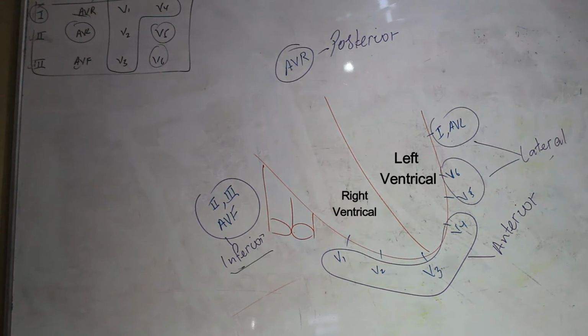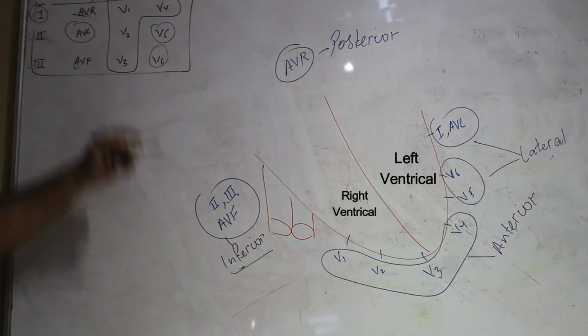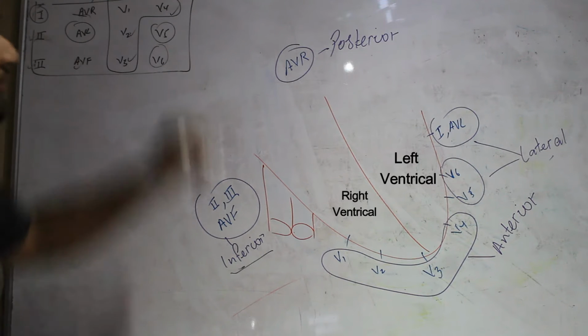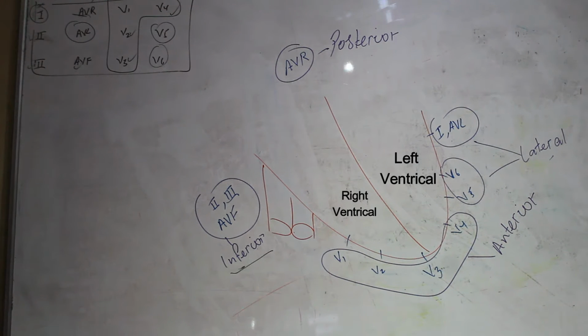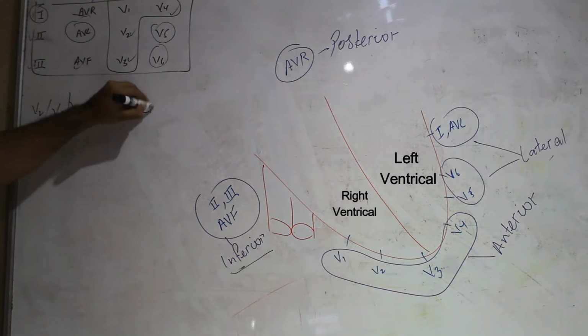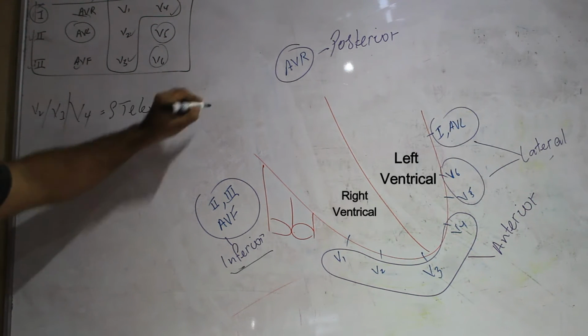Let's say you have an ECG paper and you see an ST elevation in your V2, V3 and V4.